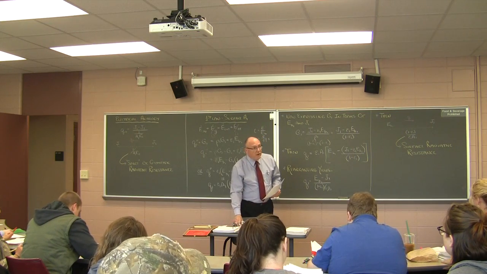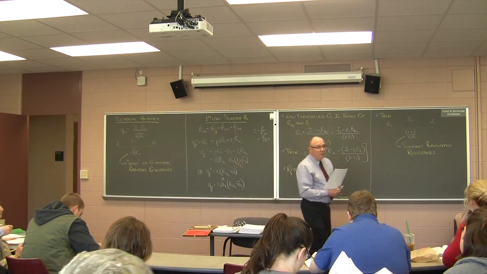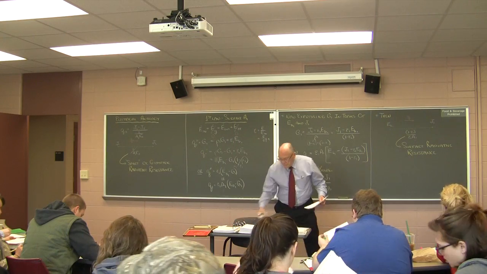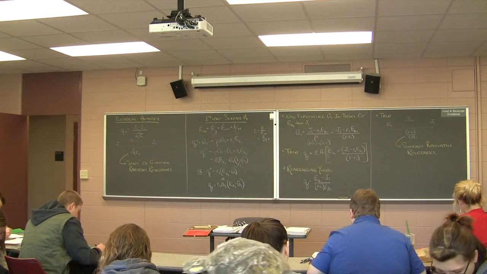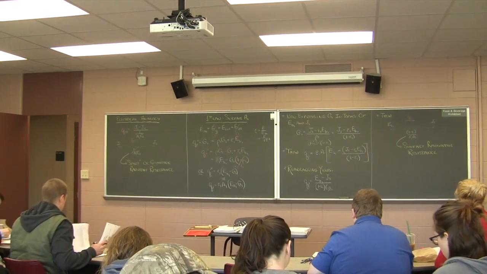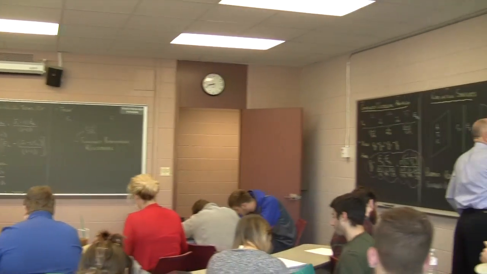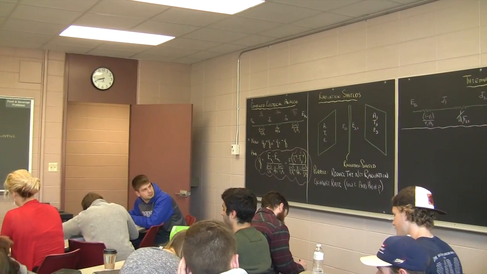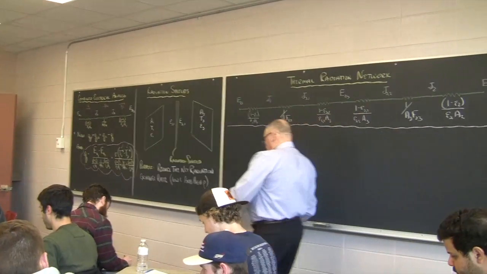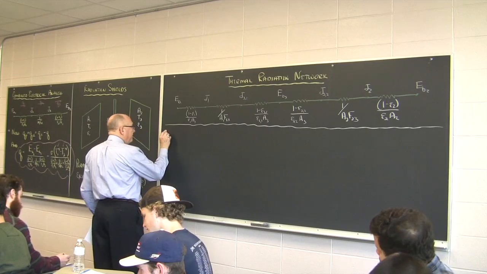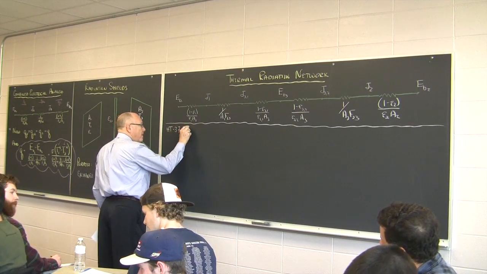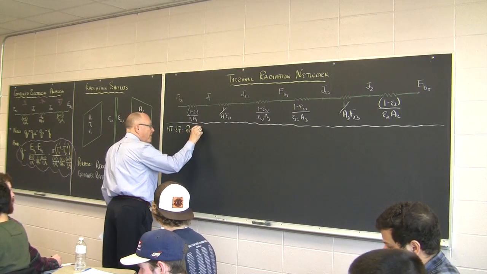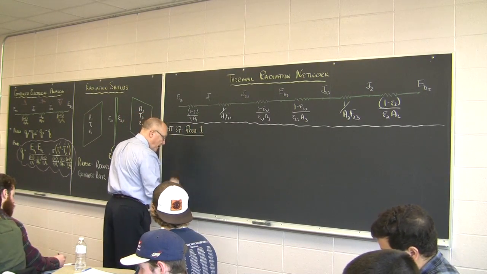Let's take a quick look at problem 1. I'll just write underneath this in case you haven't got it. All right, so problem number 1. This is kind of an interesting problem.